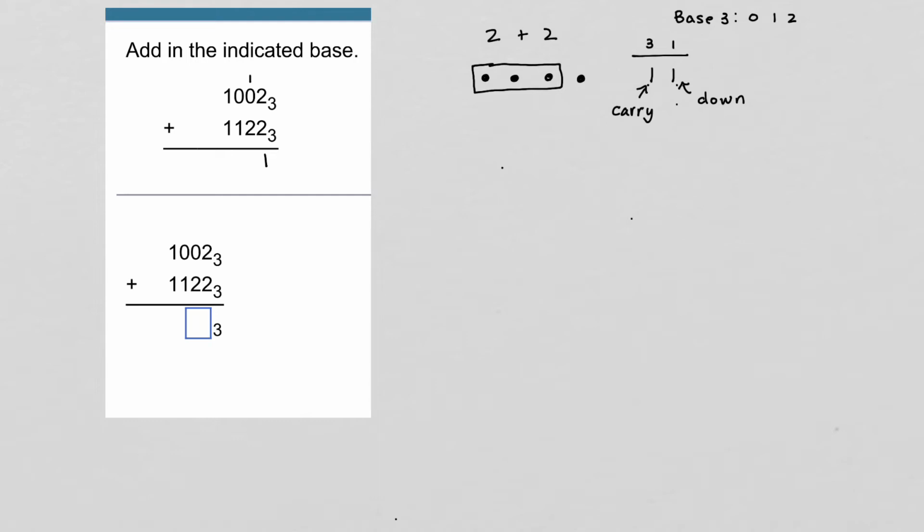Okay, so now we're working in the 3's place, and we have a 1 that got carried, a 0, and a 2. So now this means one group of 3.